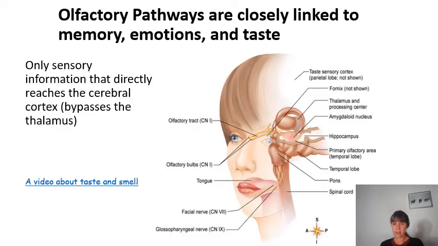This particular slide reminds us that olfactory pathways are very closely linked with memory, emotion, and taste. It also says that it's the only sensory information that directly reaches the cerebral cortex by bypassing the thalamus. Previously, you've heard me include proprioception as being one of those sensations that doesn't go directly through the thalamus prior to going to the cerebral cortex.